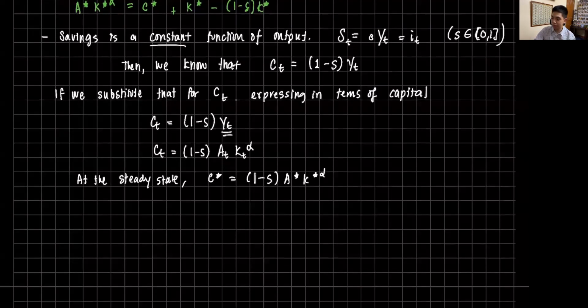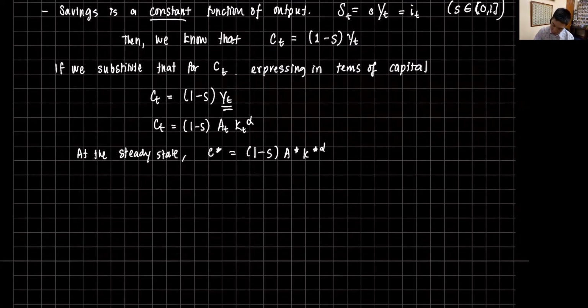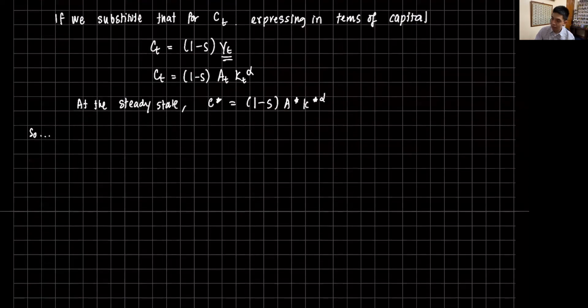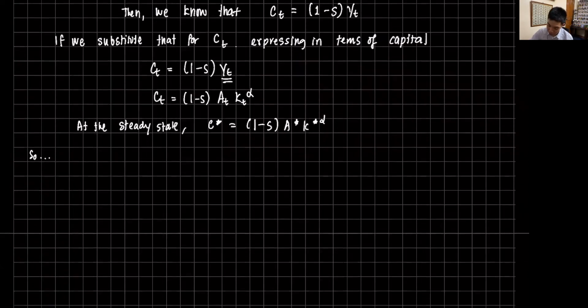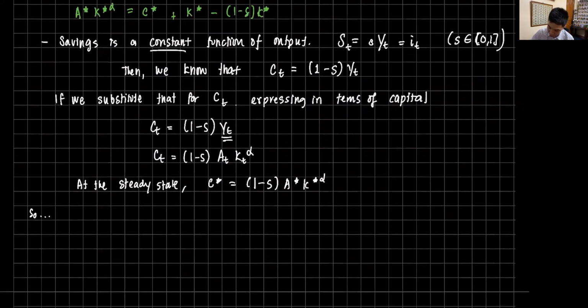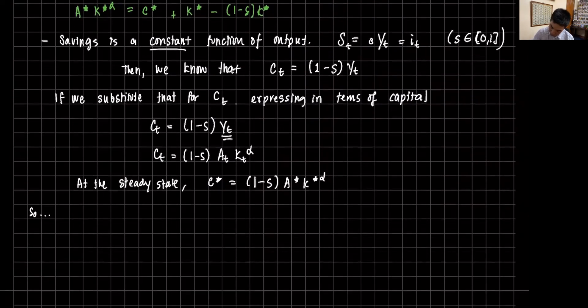So what we have now is, let's try and merge things together using the aggregate resource constraint. So just bear with me here. We have A star K star raised to alpha.